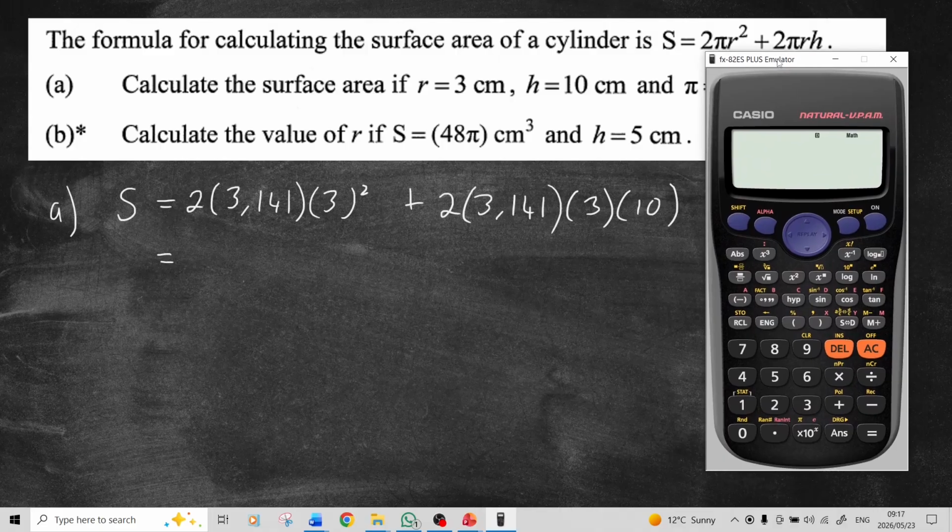So just fast forward this part: 2 times 3.141 times 3 squared, plus 2 times 3.141 times 3 times 10. Okay, so that gives us 225.